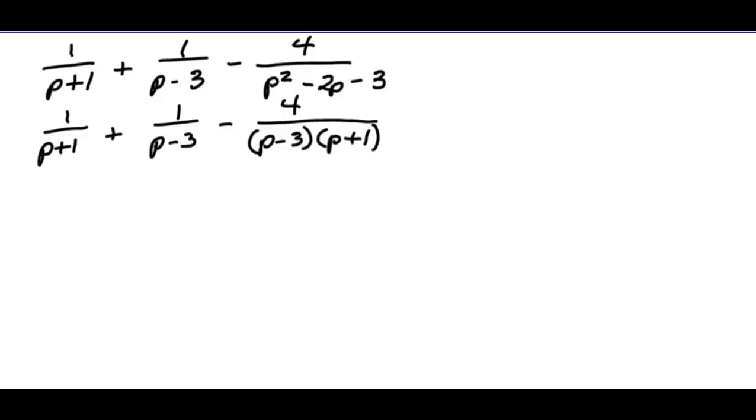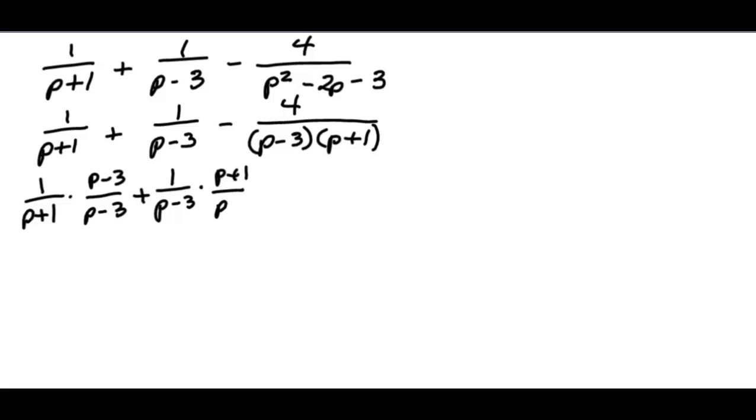In the first one, what we'll do now is put 1 over p plus 1 times p minus 3 over p minus 3. To that, we're going to add 1 over p minus 3 times p plus 1 over p plus 1. And finally, we're subtracting 4 over p minus 3 times p plus 1.